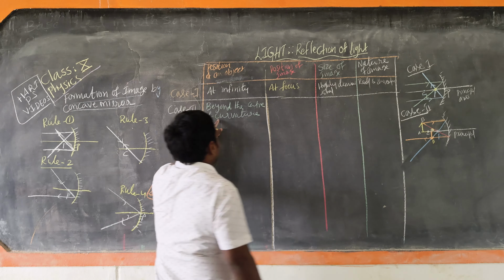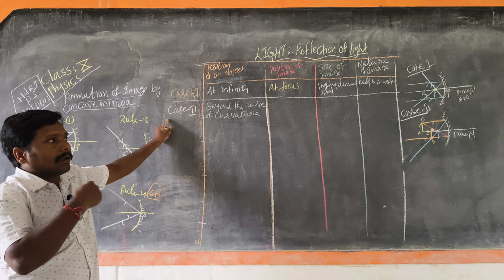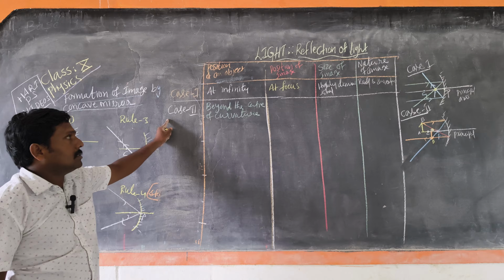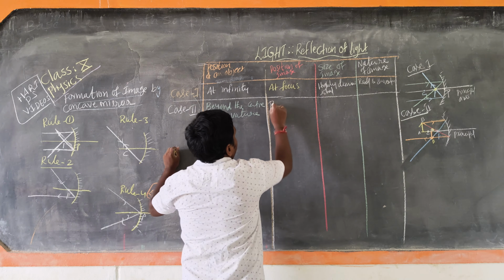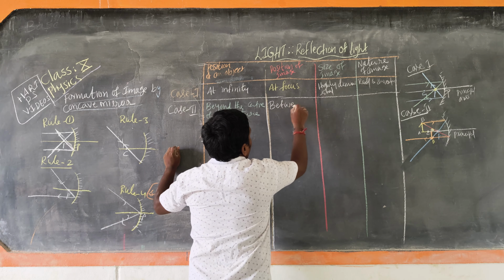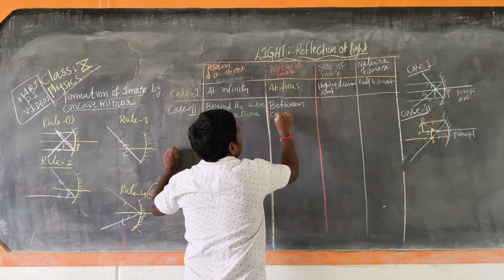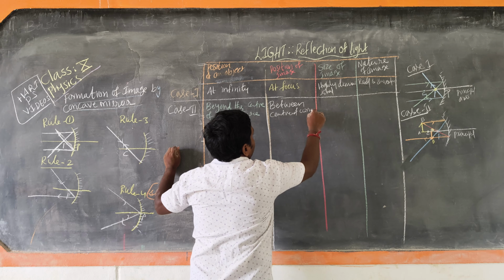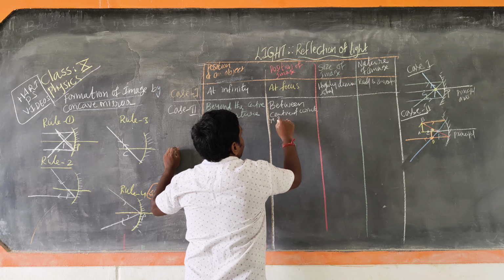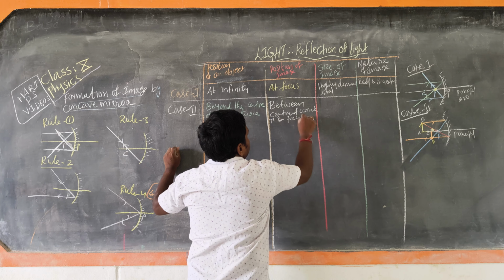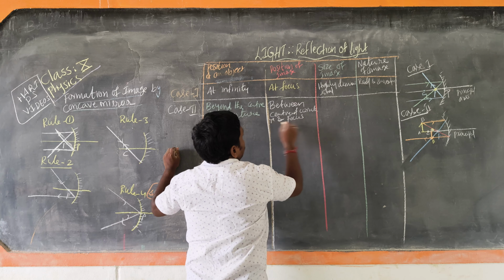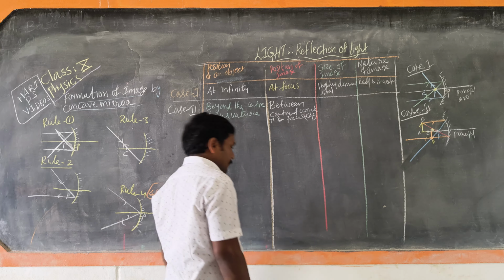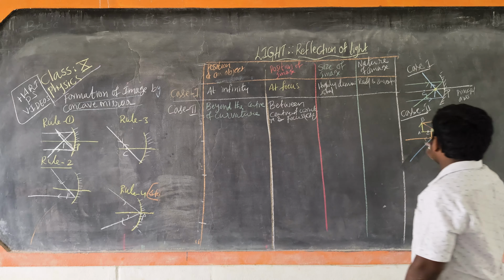So if the object is placed behind the center of curvature, the image is formed between the center of curvature and focus, between C and F. Small image or same size image?